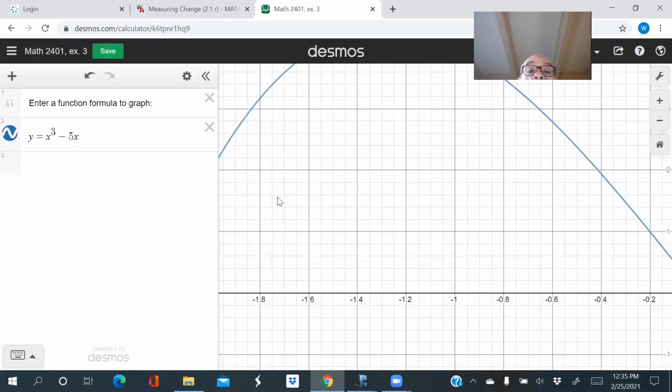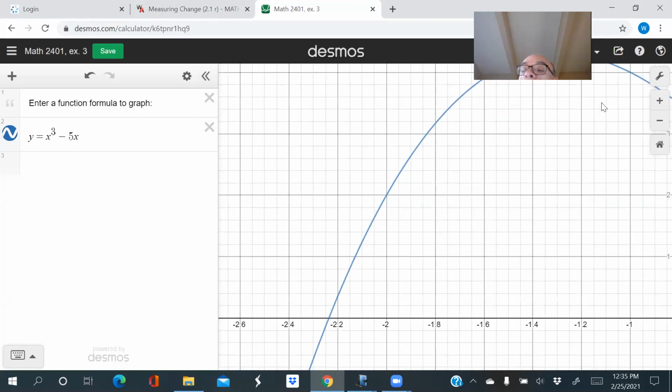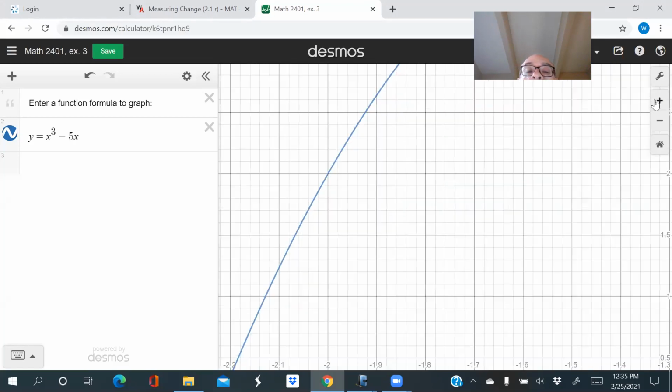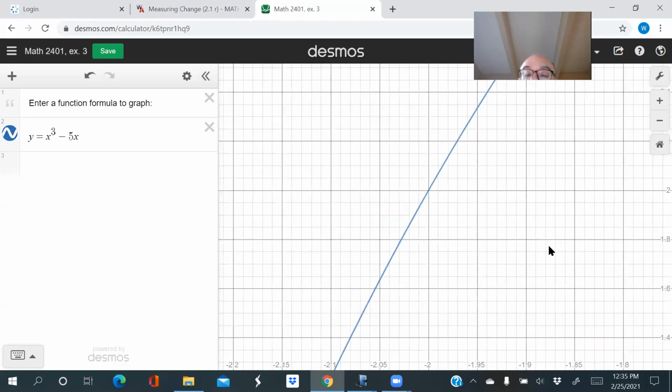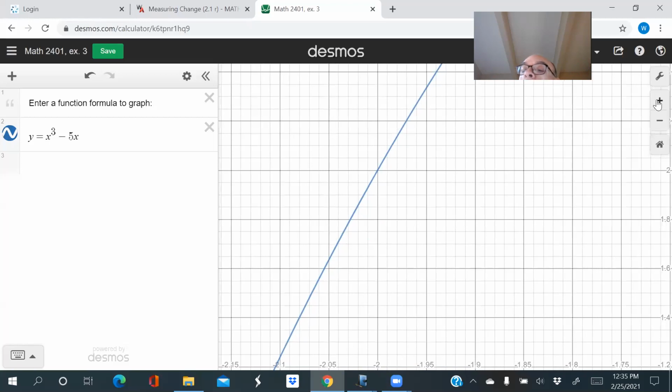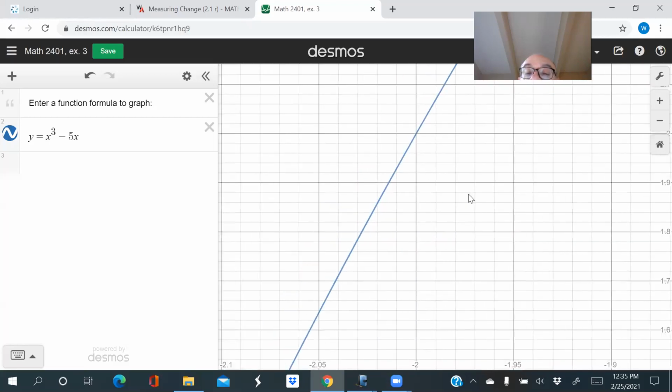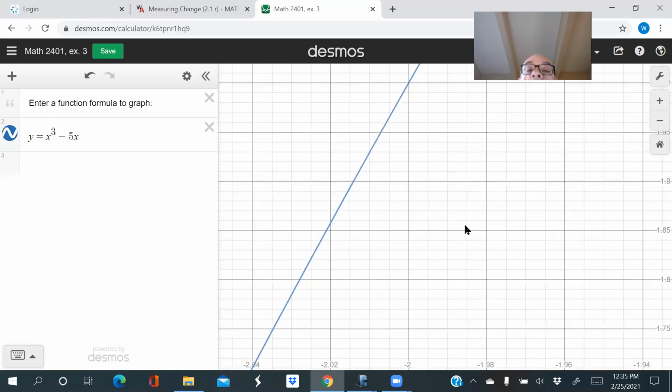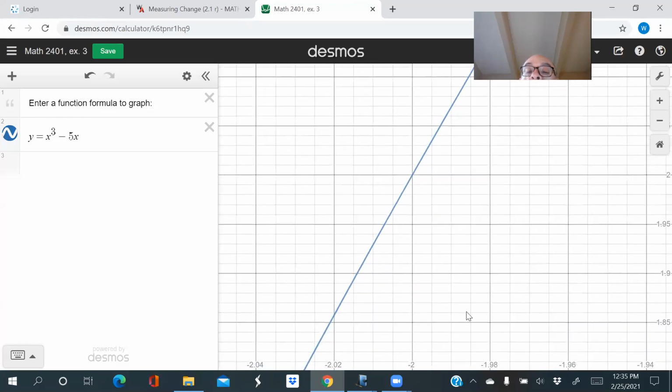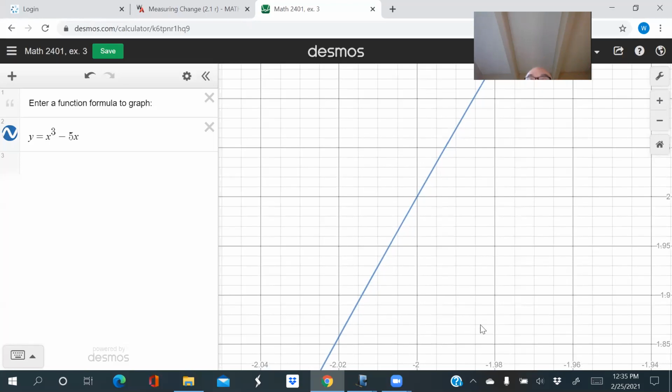Let's see if we can make that happen. Sometimes that's easier than others because it depends a little bit on the concavity of the curve. If the curve has a lot of curvature, it's hard to make it look like a straight line. But here I think I've got it.